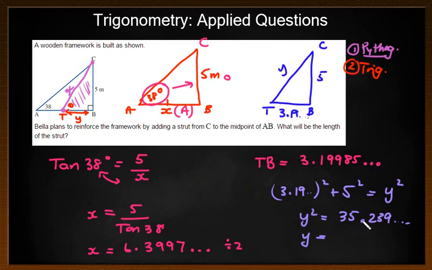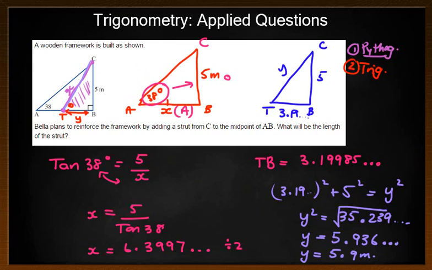And of course, this is a measurement, so it's not plus or minus. We just square root the answer, and we come out with 5.936. Now, look back at the question. It doesn't mention how many decimal places, so I'm going to do it to 1. So 5.9 meters long. And that's how big that strut's going to be there.